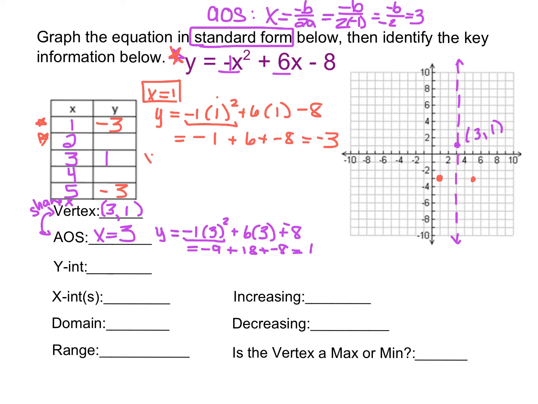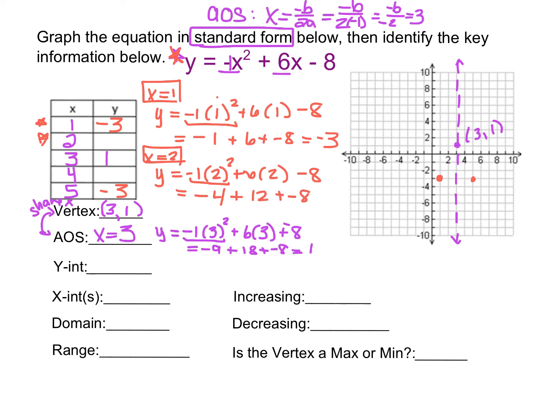Then I'm also going to find x is equal to 2. So I have y is equal to negative 1 times 2 squared plus 6 times 2 minus 8. So I go ahead and I say, well, I have 2 squared, which is 4. 4 times negative 1 is negative 4, plus that's 12, and then I have plus a negative 8.